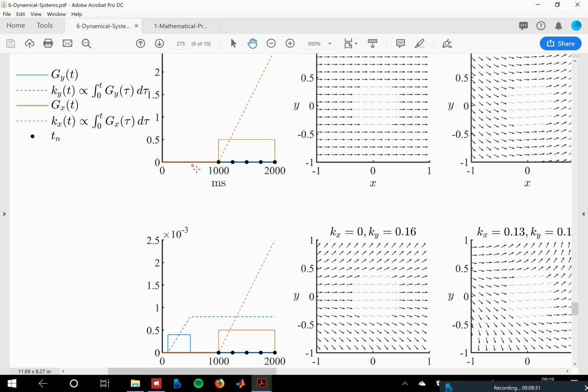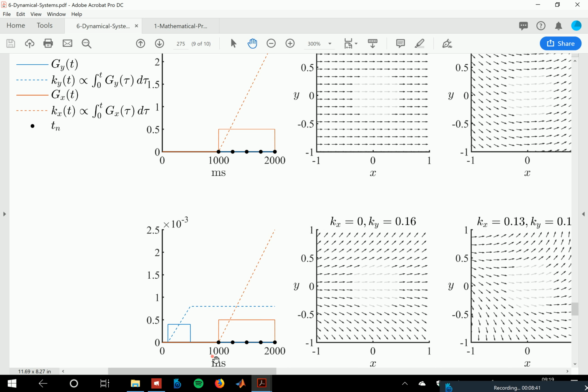And hence, if you look at their precession, at some point after this has turned on, namely here at time point 1000, the vectors are out of phase, as you can see here.